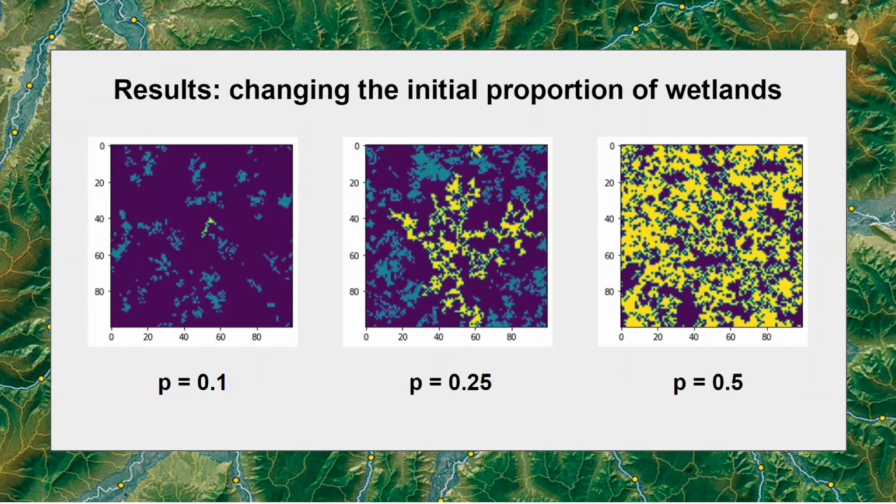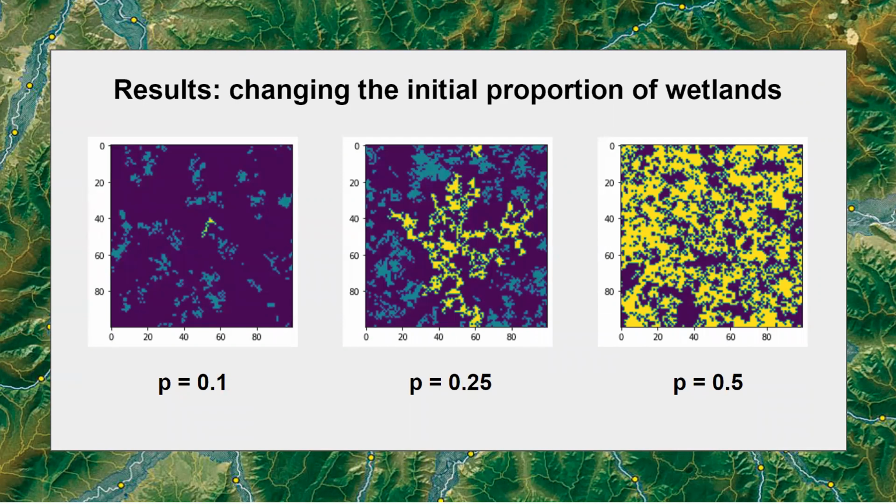This slide shows the outcomes of running the model with different initial proportions of wetland cells in our percolation step. For the model runs that I just presented, we used a proportion of wetland cells of 0.25, so the center panel in the figure. We played around with that parameter to see how it would impact things.